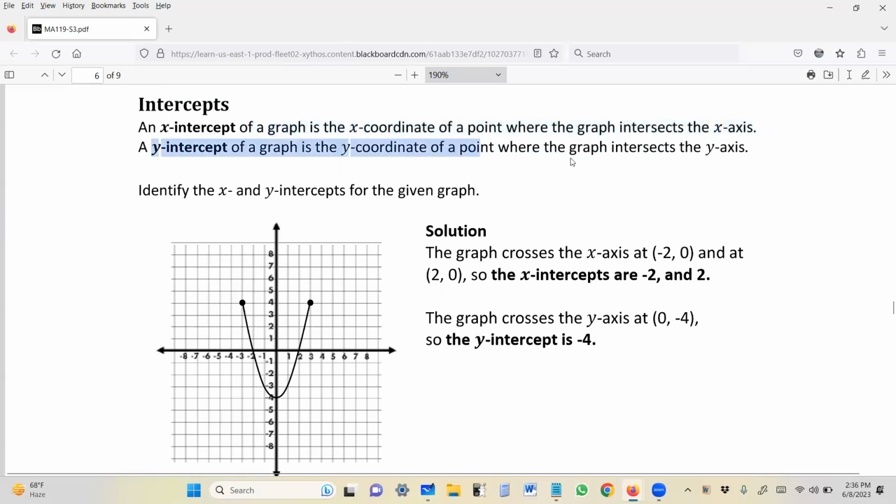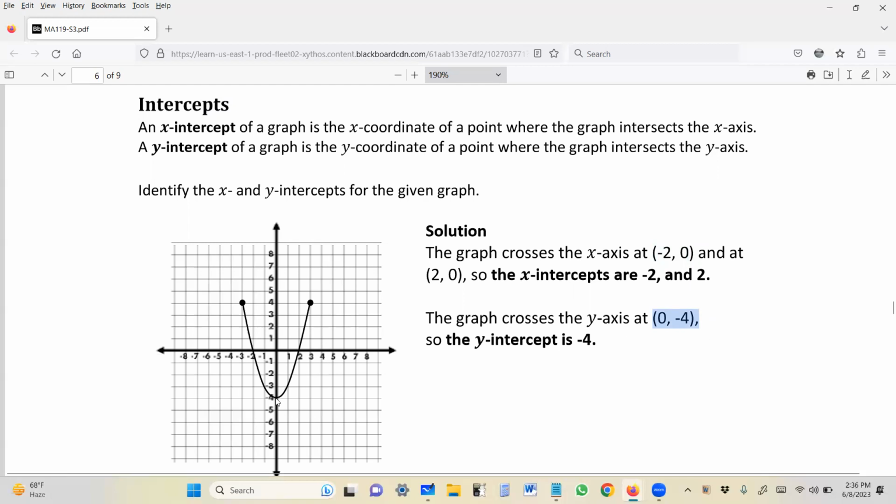And likewise, the y-intercept is the location on the graph where the function intersects or crosses the y-axis. So it's very easy. All we have to do is find the location and include the point itself. Now, these points are always going to be stated in parentheses, okay? Never a bracket.